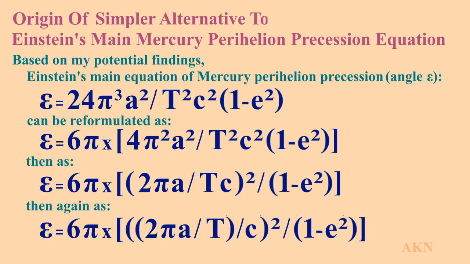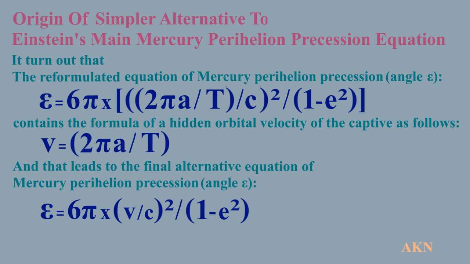In the end, the unexpected emergence in my alternative is the square value of the ratio between the orbital velocity of the captive celestial object and the speed of light. And this element, hidden all along, should tell us something new.